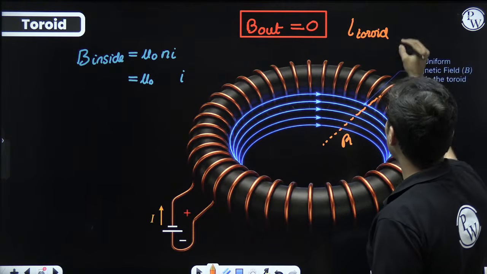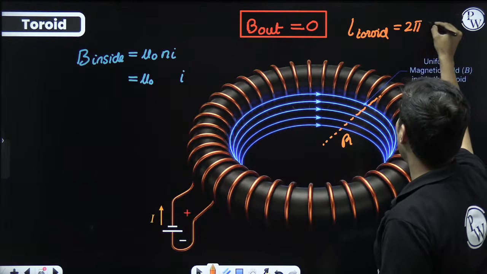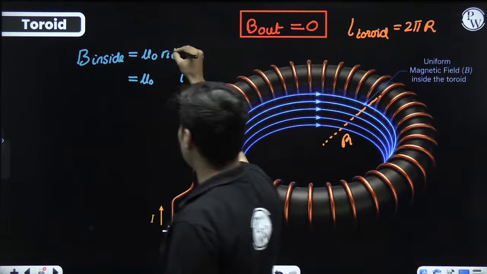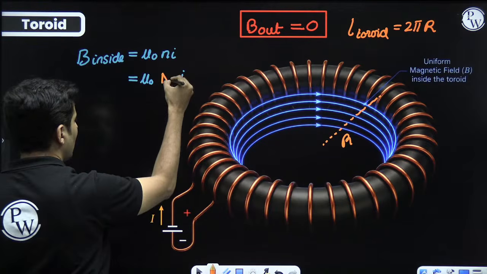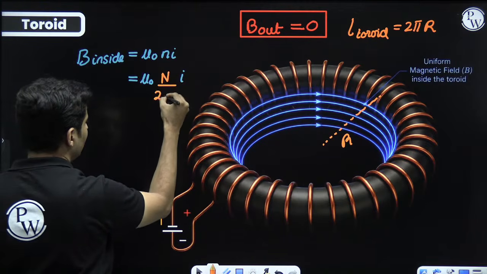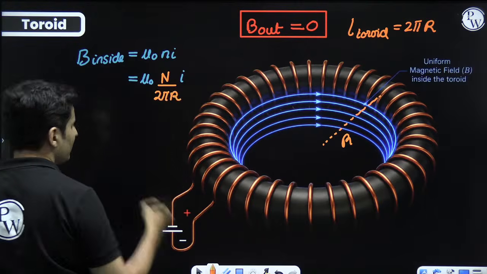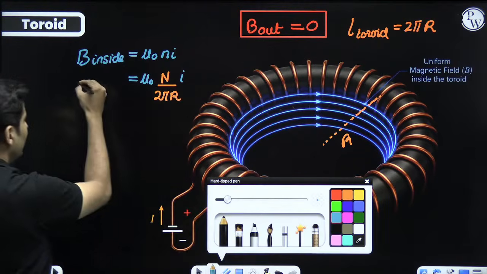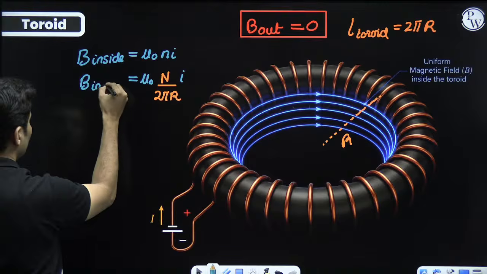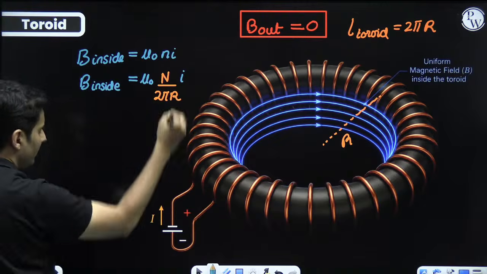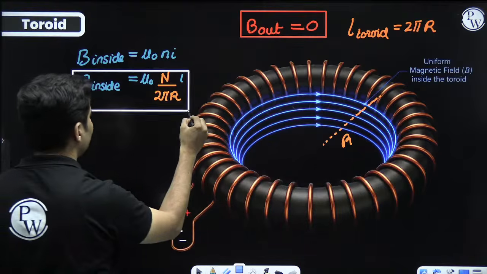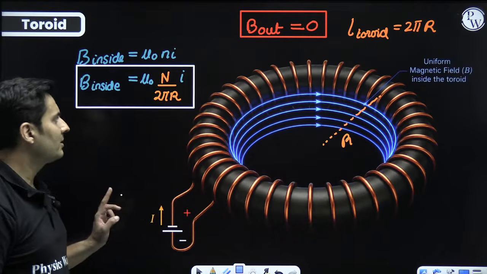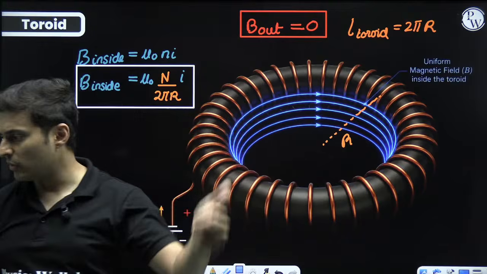I will call it R. So it will be 2 pi r. The number of turns which are actually there will be, let's say, capital N, and the total length will be 2 pi r. So this is the formula for a toroid which you usually use. Total turns are given and the radius of the toroid is given. So I guess Sivakumar, you are asking about this formula, not for a solenoid.